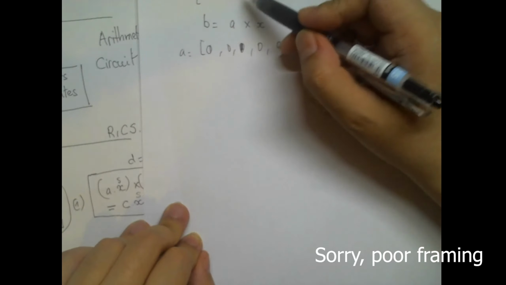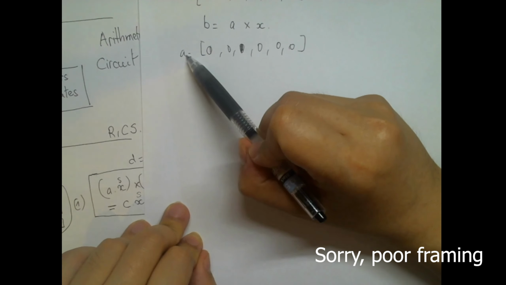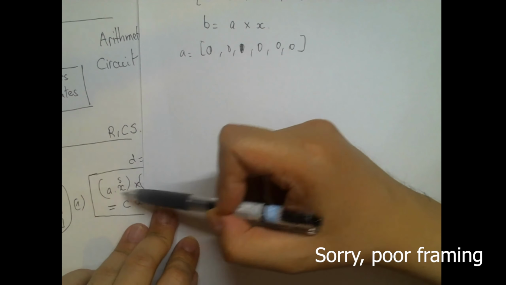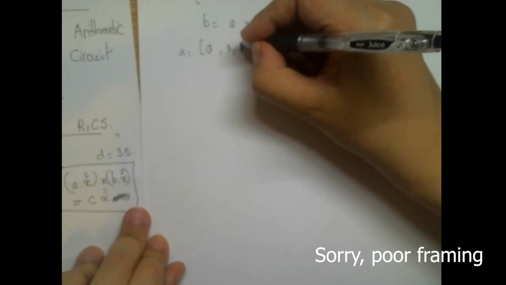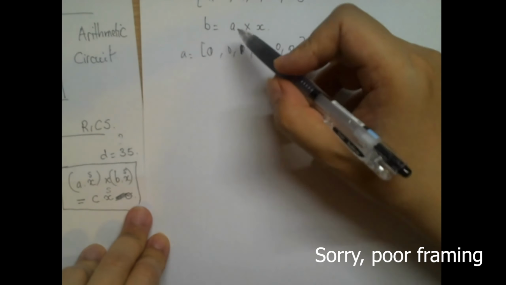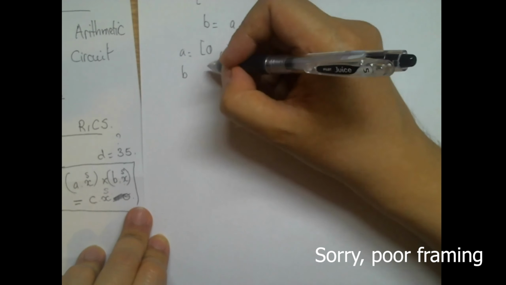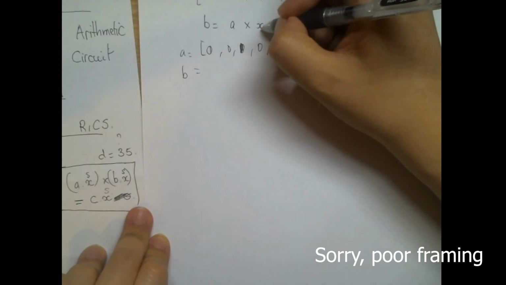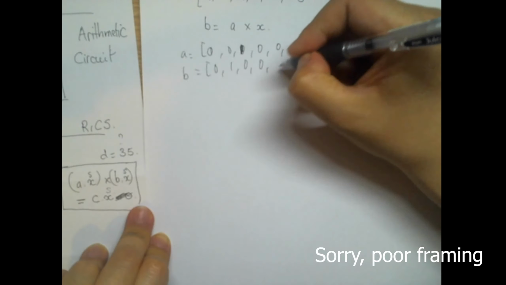Then the names are pretty bad, because this little A is the name of the wire of this terminal, and this A here is a different A. It's the A of the equation here, A times B times S. So I hope it's not too confusing. So the second one, this X here, I want to keep the only factor, which will be X. So same as before, I'm going to do 0 1 0 0 0 0.